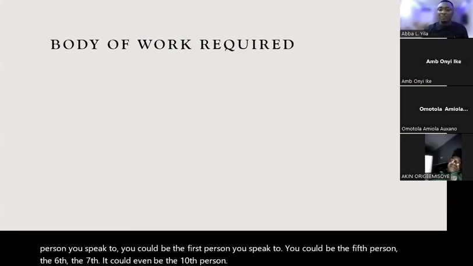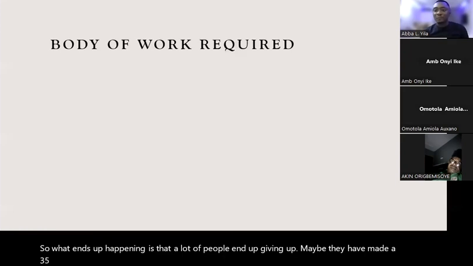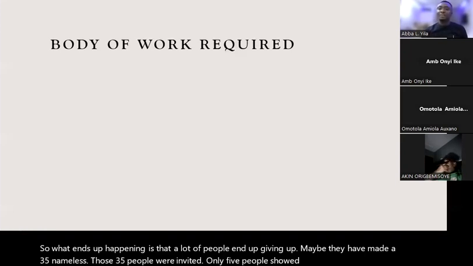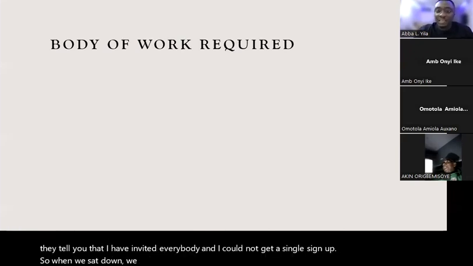So what ends up happening is that a lot of people end up giving up. Maybe they have made a 35 name list. Those 35 people were invited. Only 5 people showed up. Nobody signs up. And they tell you that I have invited everybody and I could not get a single sign-up. So when we sat down and checked, we realized that he had just shown about 7 people the business.